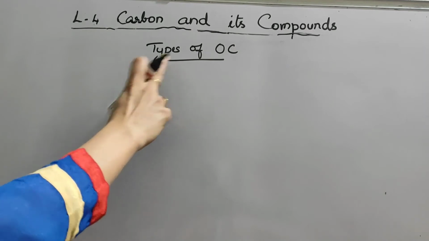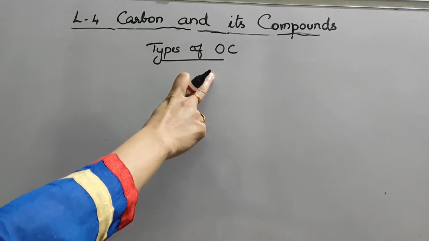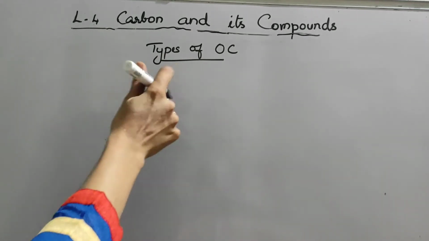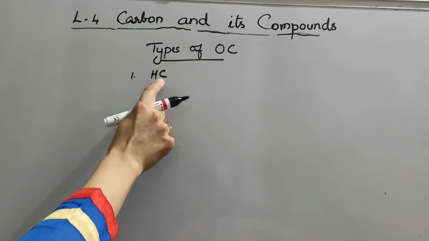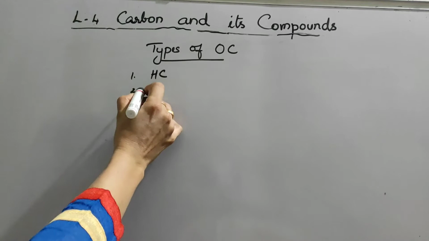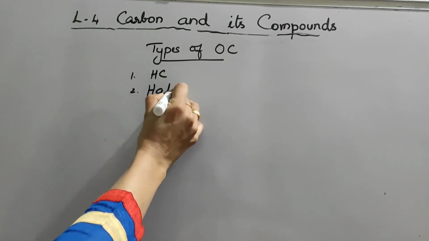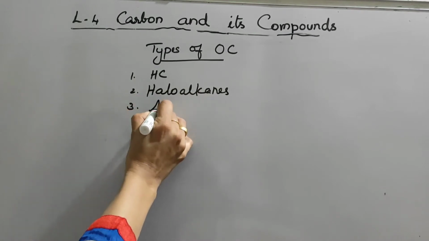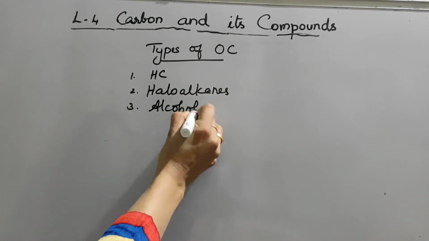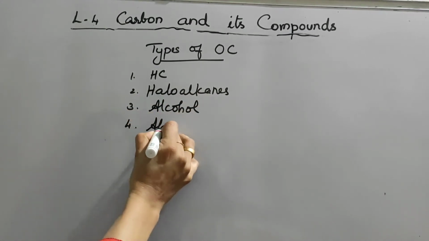Another topic, types of organic compounds. Some of the common types of organic compounds are: first, hydrocarbon, where I am writing the short form HC. Second, haloalkanes. Third, alcohol. Fourth, aldehyde.